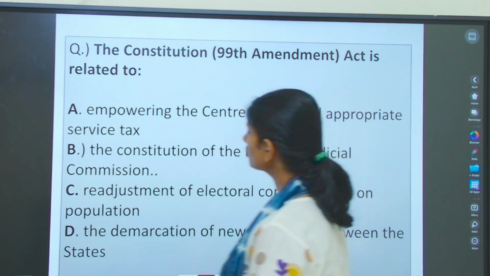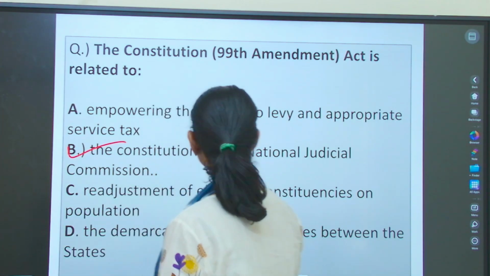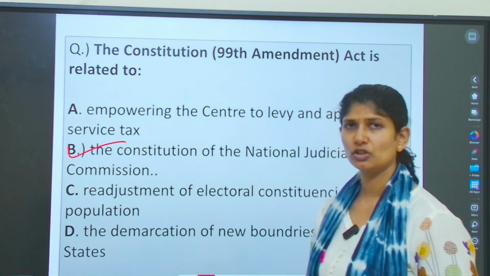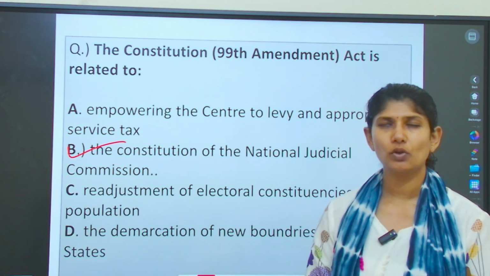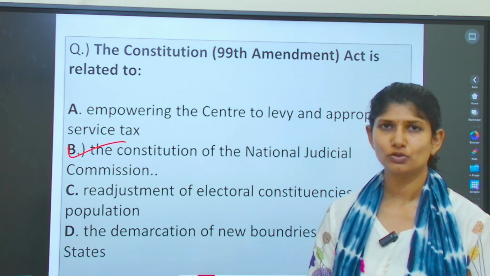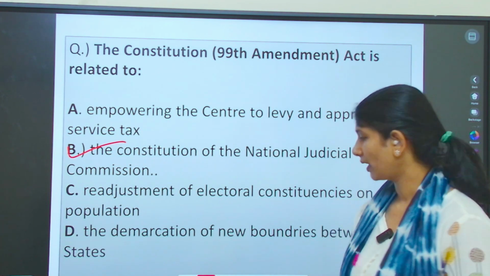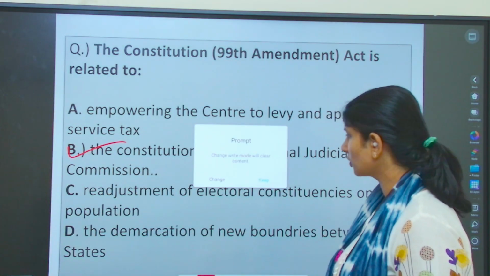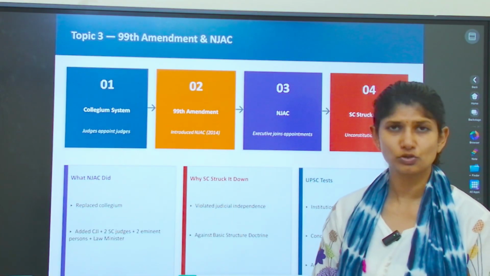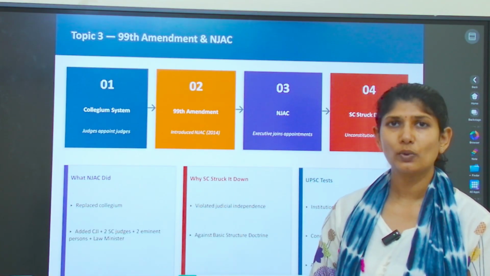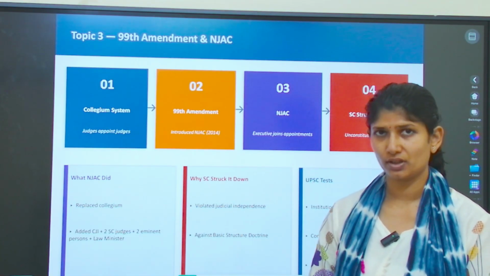The correct option is constitution of your NJAC, National Judicial Commission. Again, in the list of important amendments, you will also have to add your 99th Constitutional Amendment Act, where the Supreme Court struck down the NJAC and the 99th Constitutional Amendment Act, stating it was violative of the basic structure.